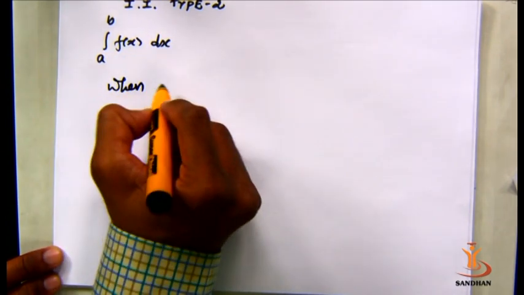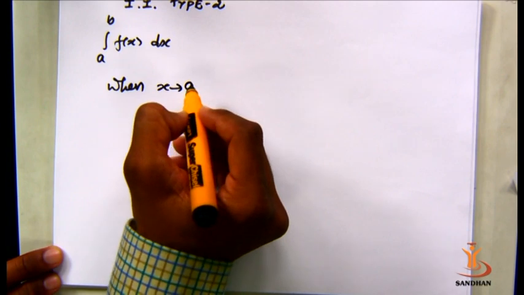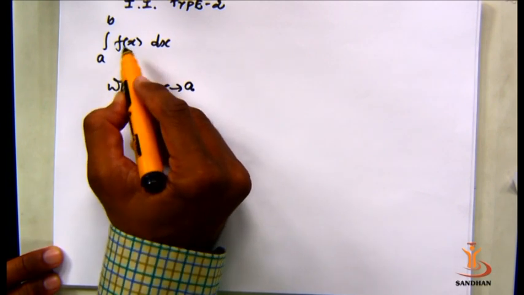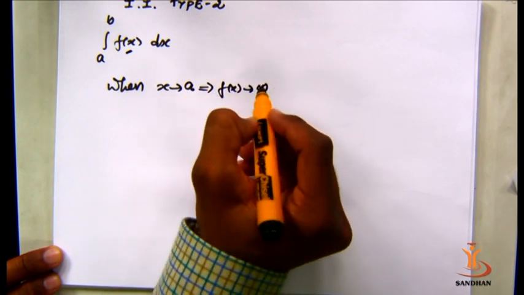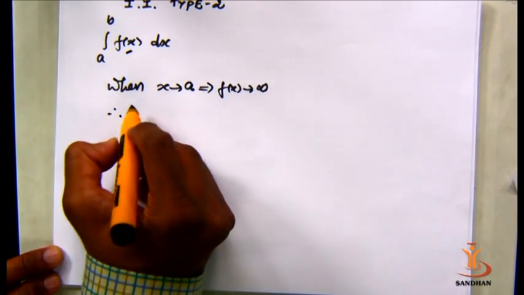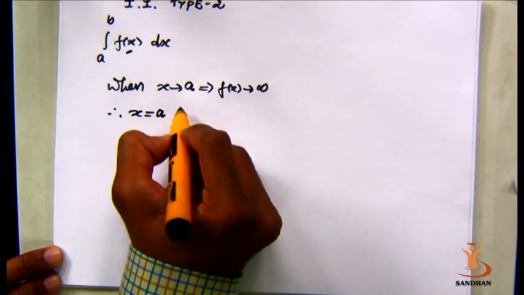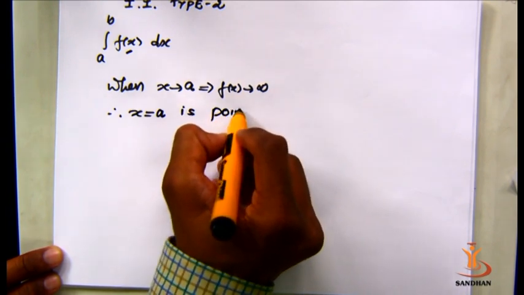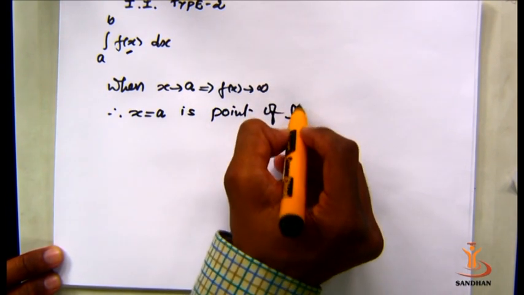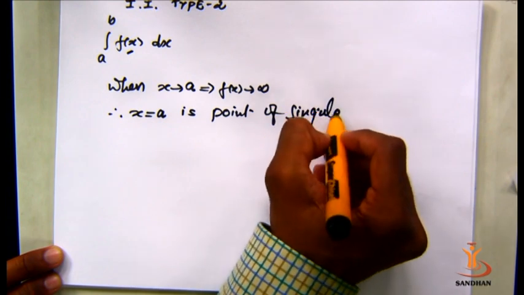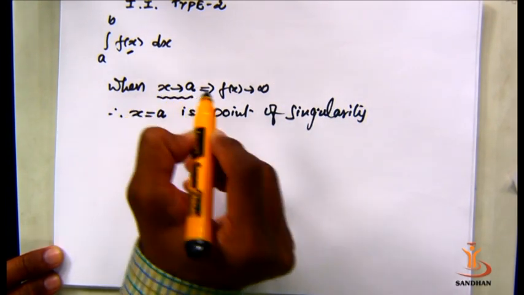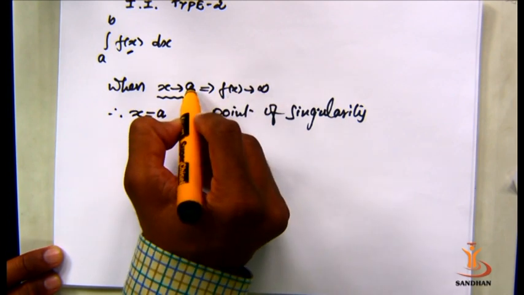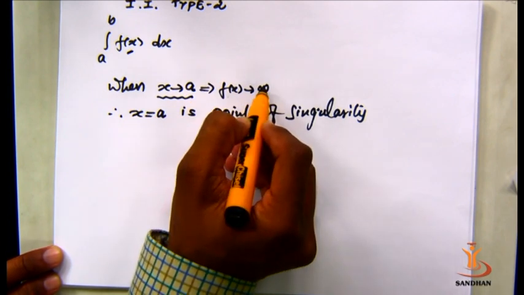When x tends to a, does mean in place of x, if we are putting a, f of x tends to infinite, such that we can say x is equals to a is point of singularity, or we can say that at x is equals to a, function is not defined, at a function is discontinuous function.